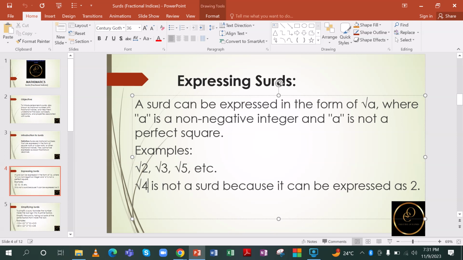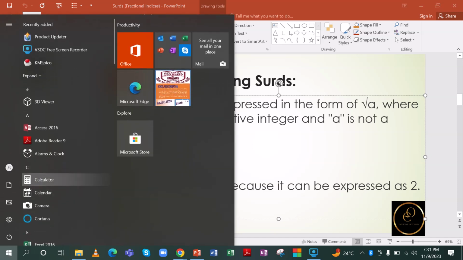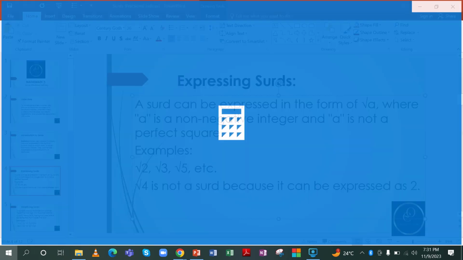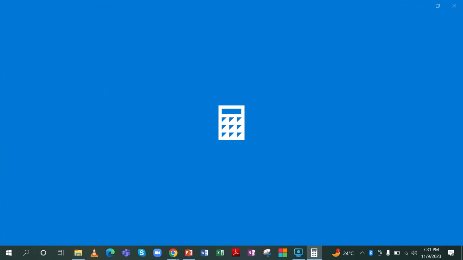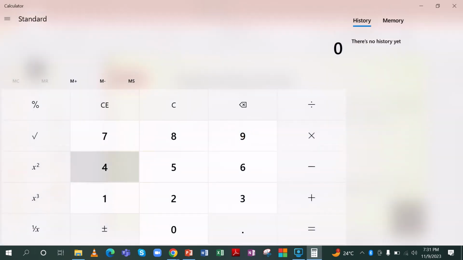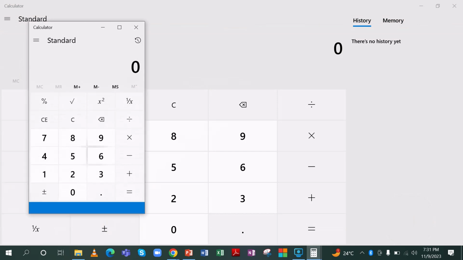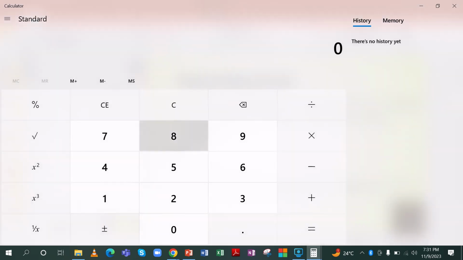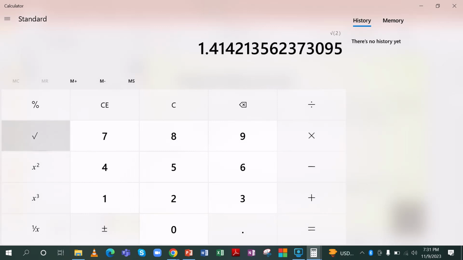Now if you want to find the square root of 2, let me see. Square root of 2. It will give you 1.41242.